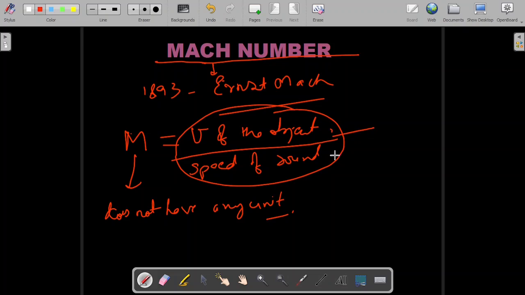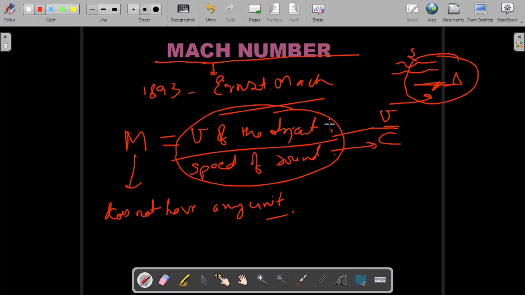So the velocity of the object is moving through a surrounding, and the speed of the sound in that surrounding is denoted as V upon C. So C is the speed of sound and V is the velocity of the object. The sound speed in the surrounding is denoted by C, and the object which is moving with the velocity is denoted by V, and the ratio of both of them is Mach.